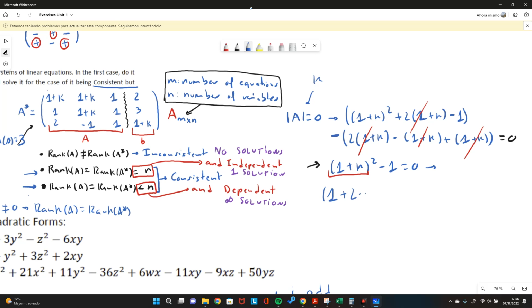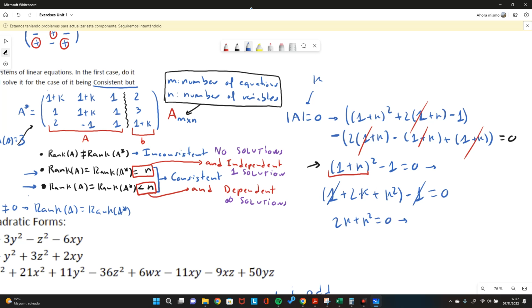So this is 2 times 1 times k, which is 2k, plus k squared minus 1, and that is equal to 0. When we open the parentheses, we see that these two numbers also go. So we have 2k plus k squared equals 0.